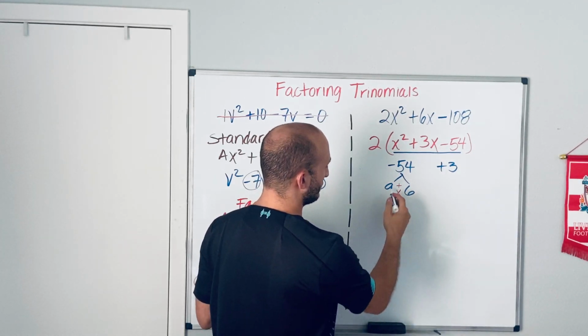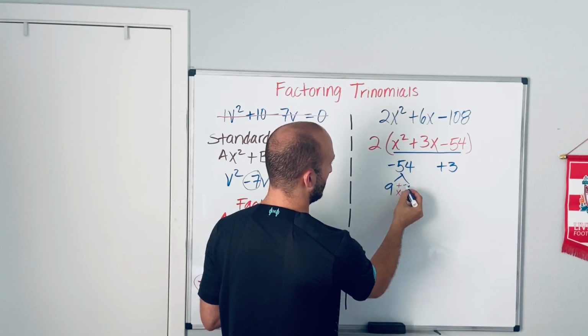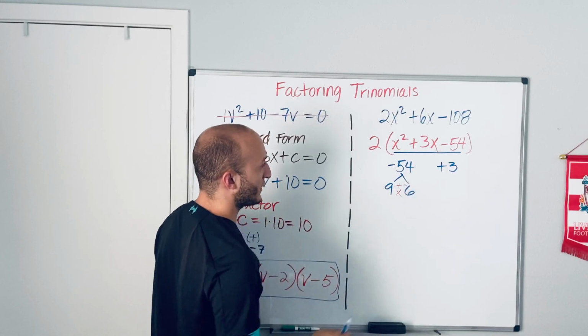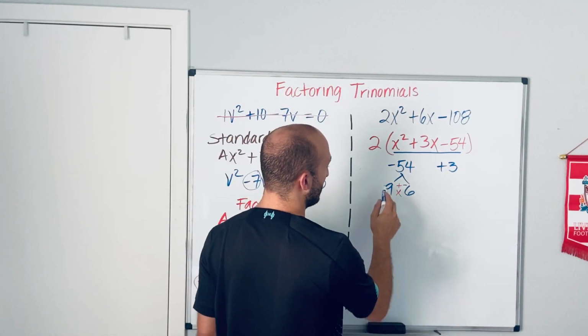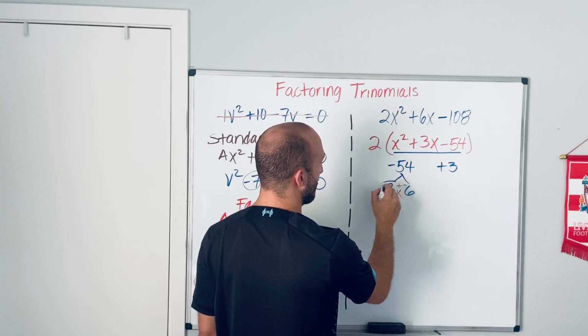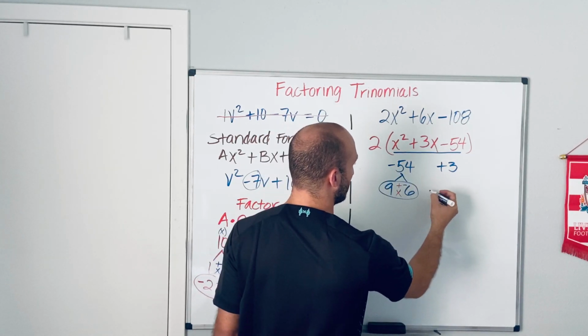But if I give the 6 a negative, 9 plus a negative 6 would give me a positive 3. And a 9 times a negative 6 would also give me a negative 54. So those are my numbers.